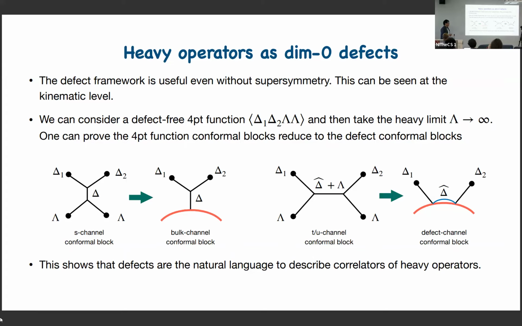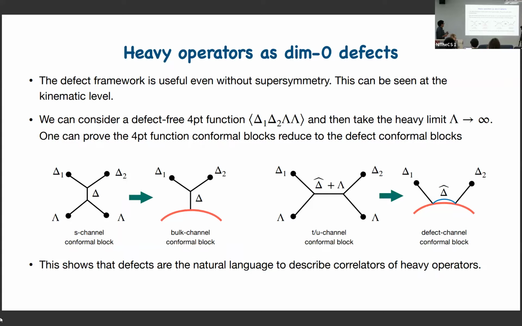Now, to address the question asked by Lorenzo at the beginning of the talk, I want to say a little bit about heavy-light correlators. So far, the discussion relied very much on supersymmetry, but there are some general lessons which apply to the case without any supersymmetry.